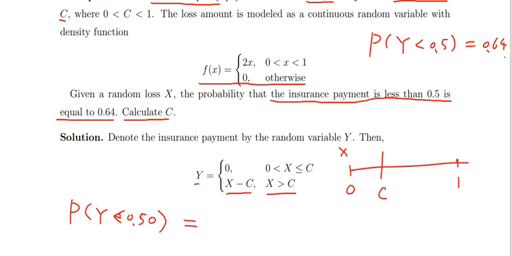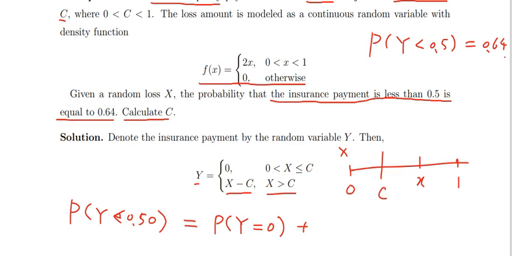If x is from 0 to c, y equals 0. So this is definitely less than 0.5, right? So this is 0 plus. If x is larger than c, then they will pay.